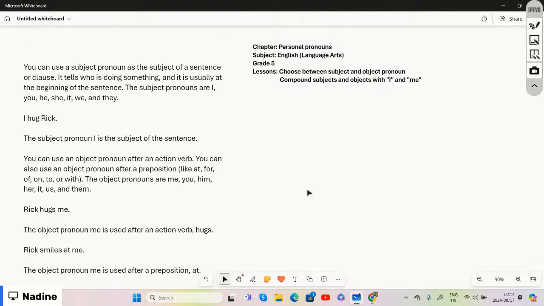Another example of an object pronoun is me. It is used after an action verb, which is hug, and the object pronoun me can also be used after a preposition.